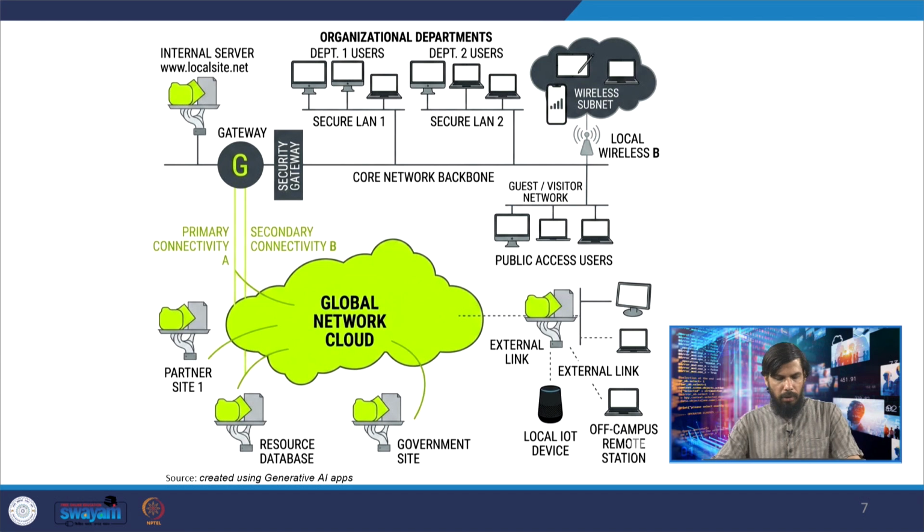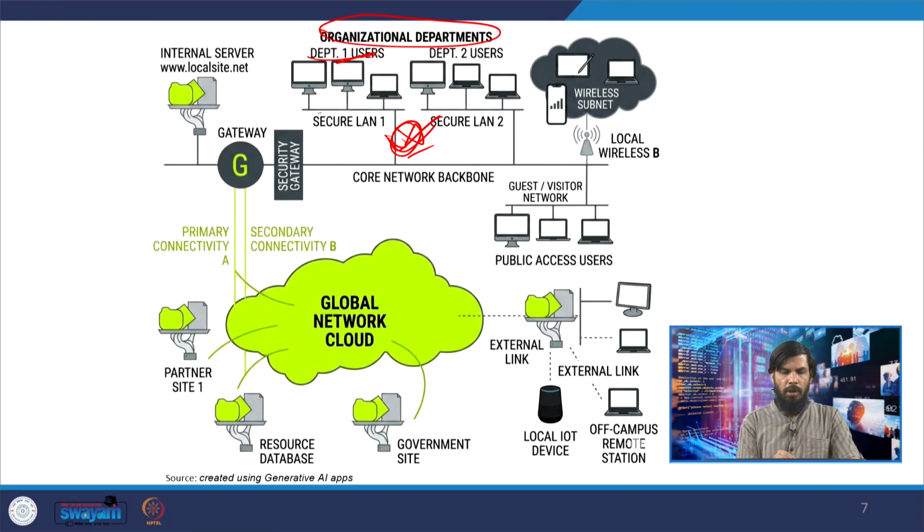Moving on, here we have a nice graphic to explain the complex scenario in terms of the global network of networks, right. Let us say this is your organization, and here are your organizational departments.